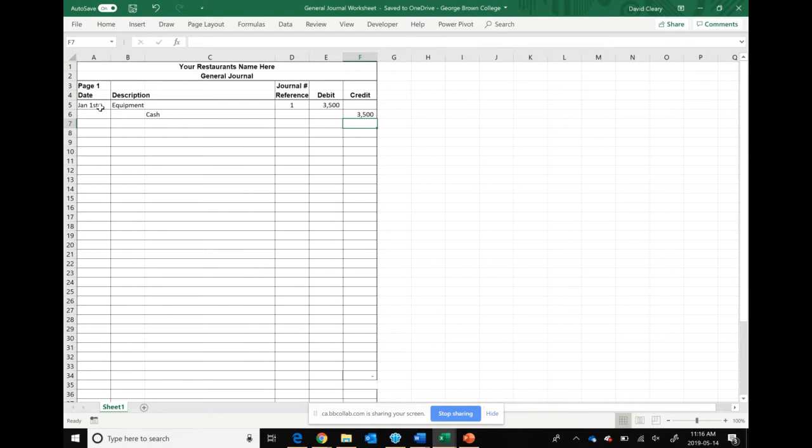The last step in this particular transaction or posting is to give a brief definition as to what happened in this transaction. So based on the description here, what would you say this transaction is about? Bought a new oven.